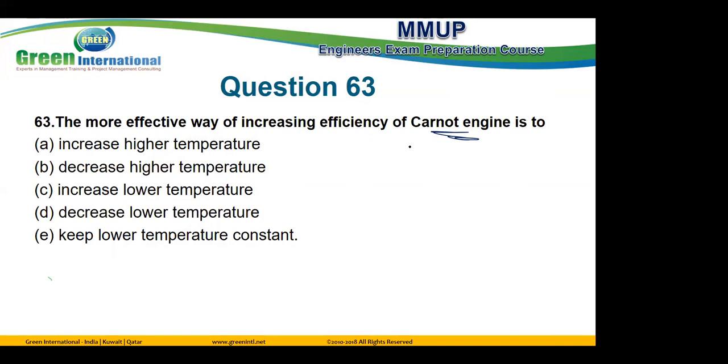Carnot is all the time the maximum efficiency ever. So here in the Carnot cycle, the efficiency can be calculated by the temperatures as TH minus TL over TH. I think so, or the opposite. We will study it after some slides, but I think it is like this.